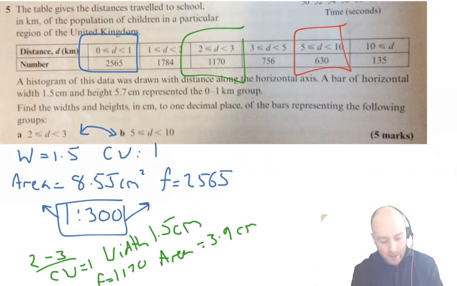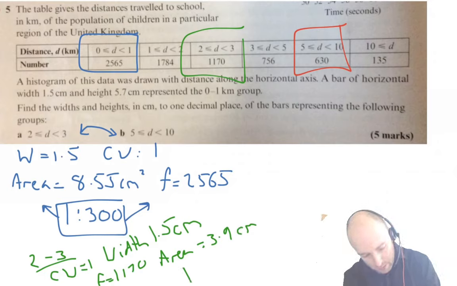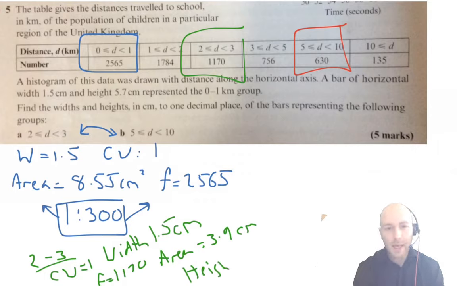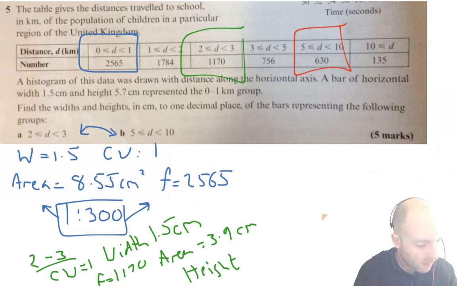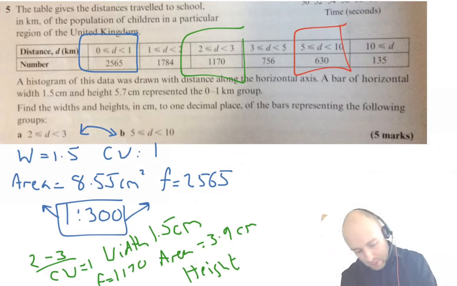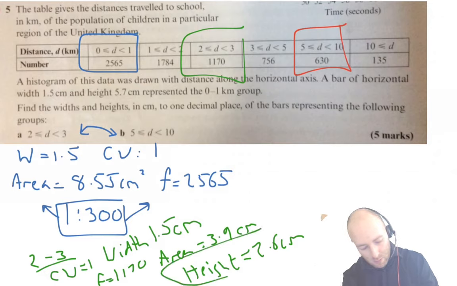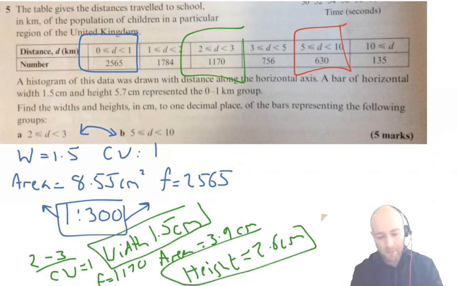So I need to work out the height. So height is going to be the area divided by the width, which gives me 2.6. So 2.6 for my height, 1.5 for my width.